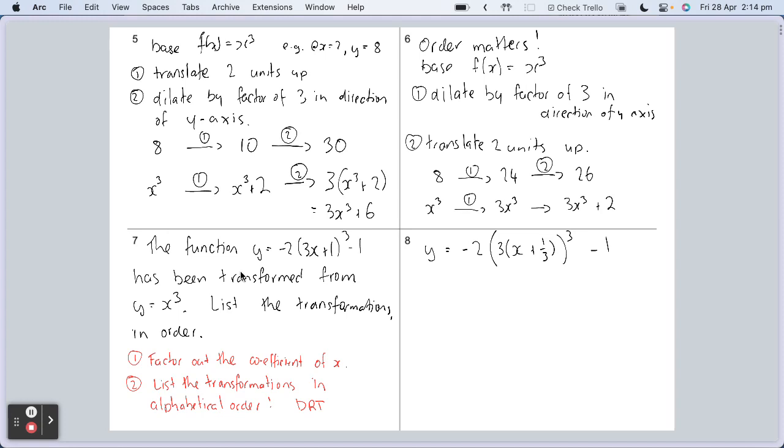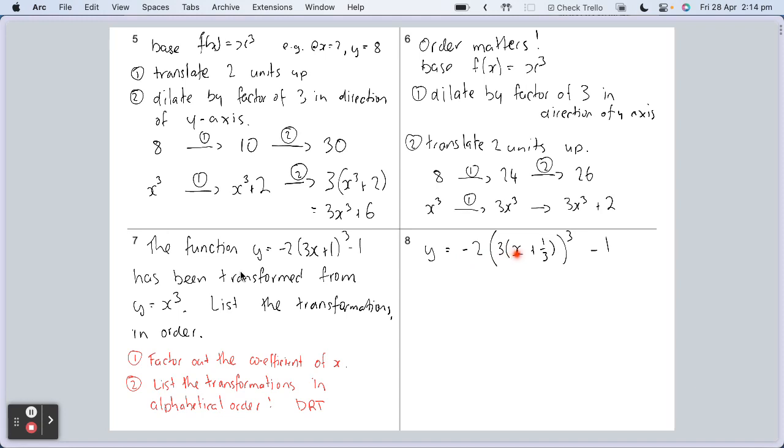So the only thing I've changed is the inside here. Now, I'll just show you that it does work. If I go backwards, 3 times x is 3x. 3 times 1/3 is 1. So factoring out that 3 gives me a new looking function, but it is in fact an identical rule.